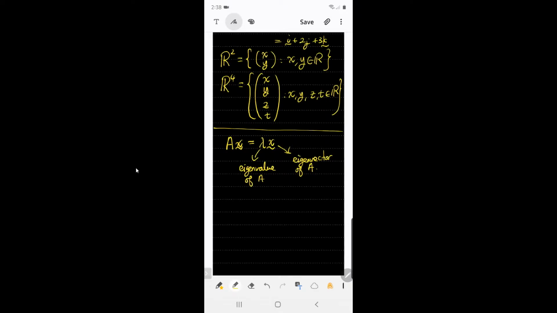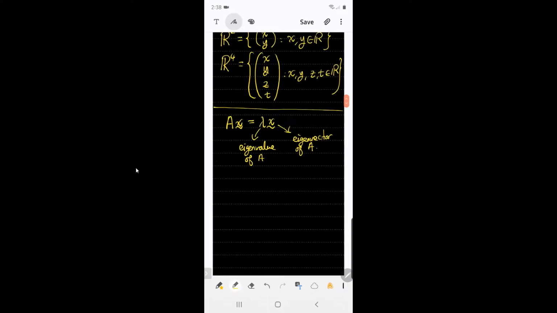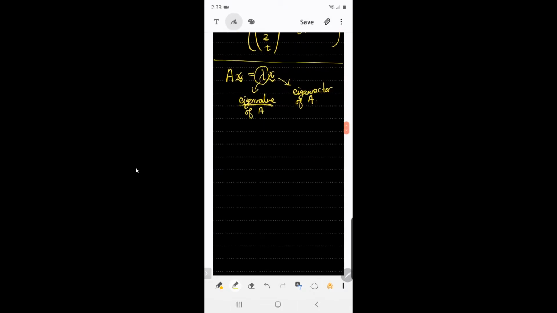So now we continue. Suppose I want to find what this lambda is, because I need to have the eigenvalue. I want to find the possible lambda values such that A times the vector x is equal to lambda times x, a scalar multiple of x. In order to find the eigenvalue, we have Ax minus lambda x is equal to the 0 vector.